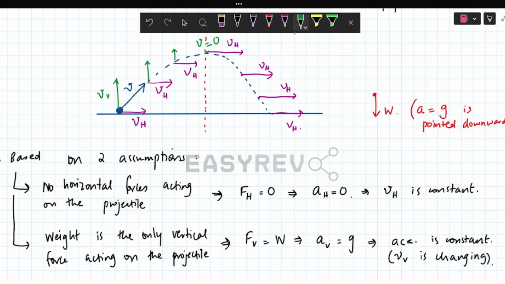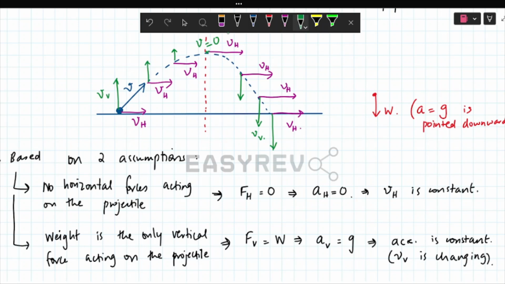But after this point, as it continues to fall down due to the influence of weight, now the velocity vector is in the same direction as the acceleration vector. And so there will be an accelerating sort of an effect, where the vector will be seen to lengthen, which is simply the effect of the vertical velocity increasing beyond the value of 0.